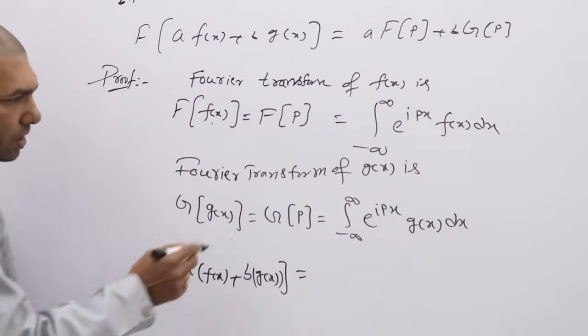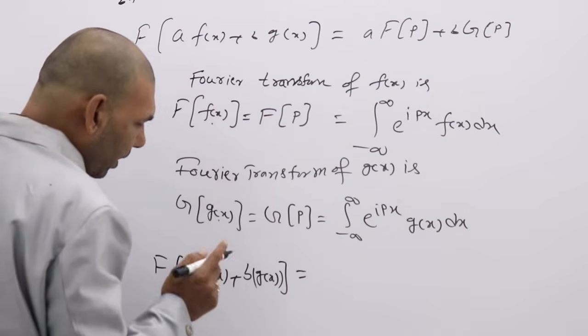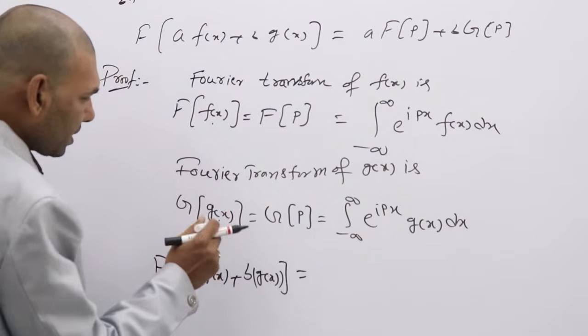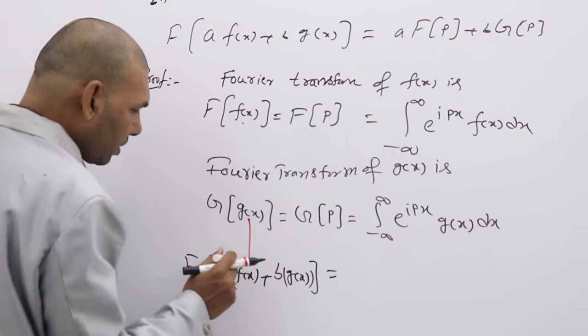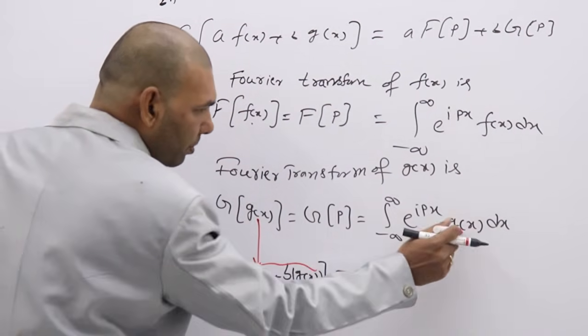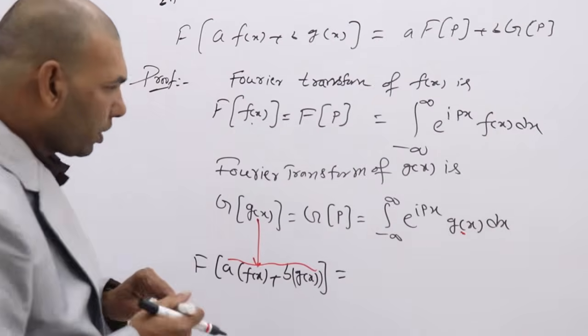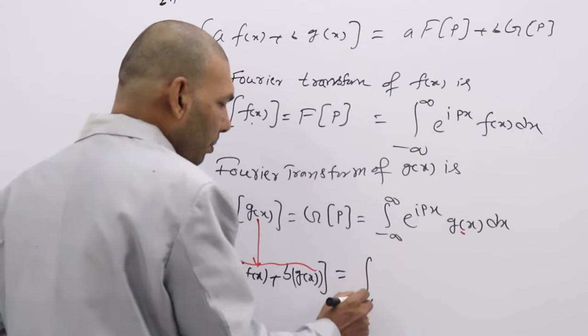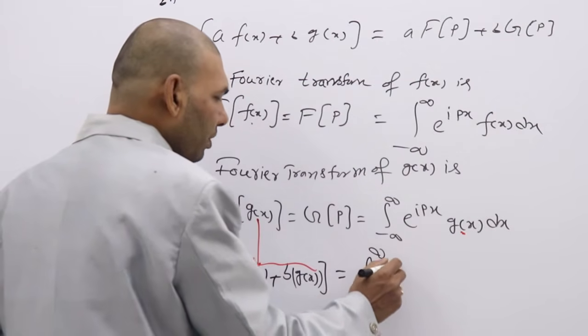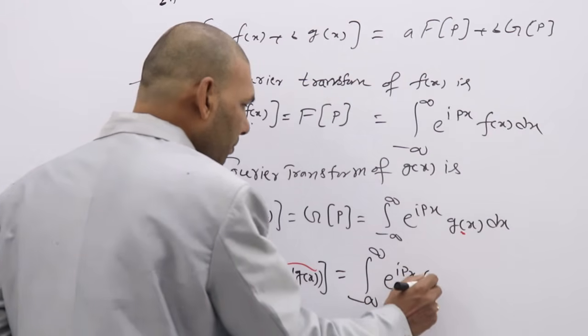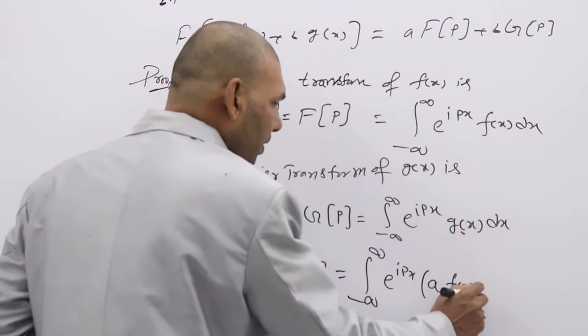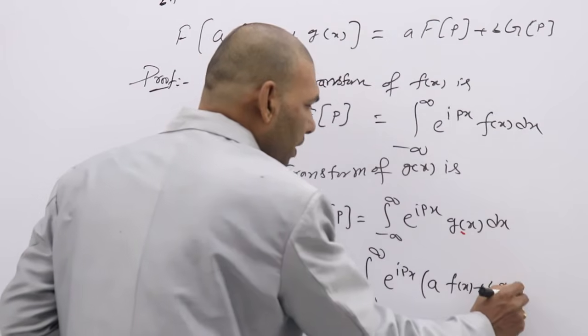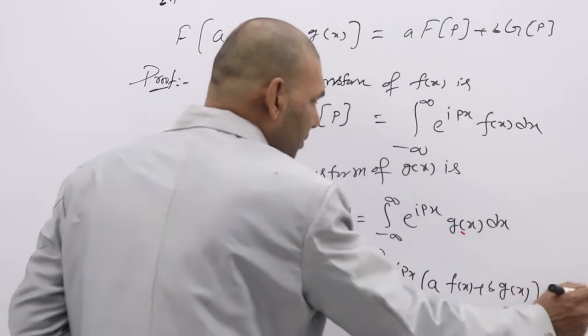So we get the integral from minus infinity to infinity e power ipx into a into f of x plus b into g of x dx.